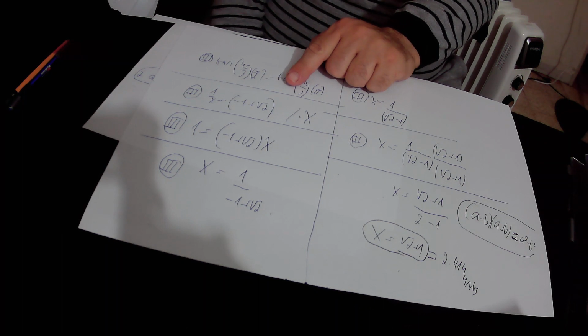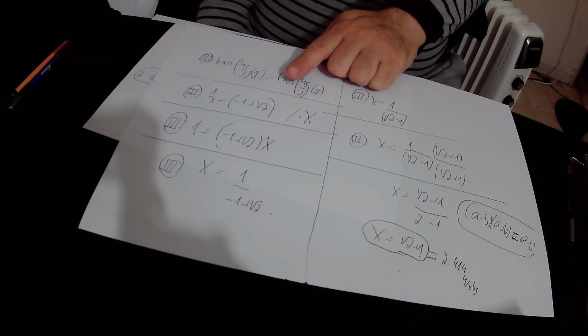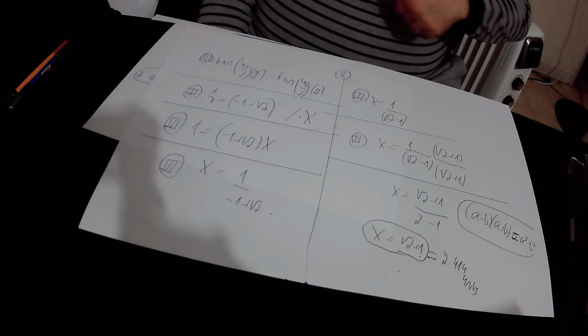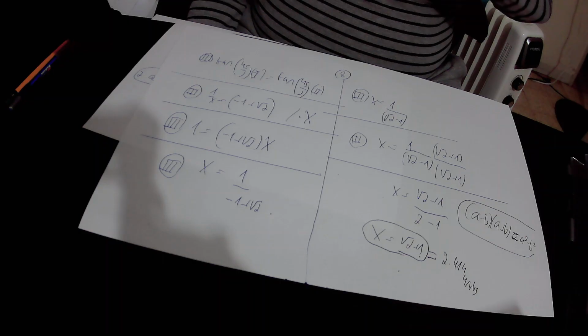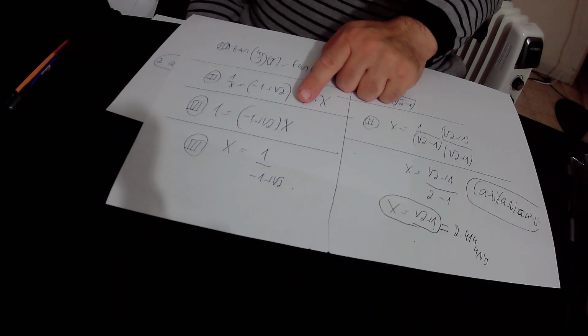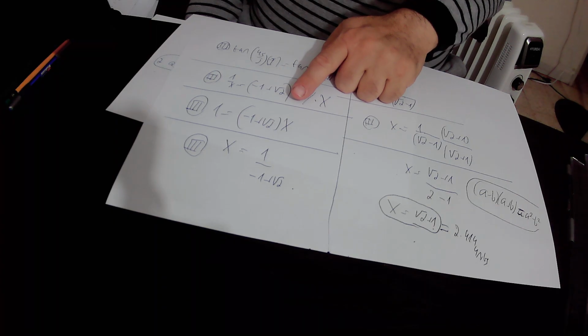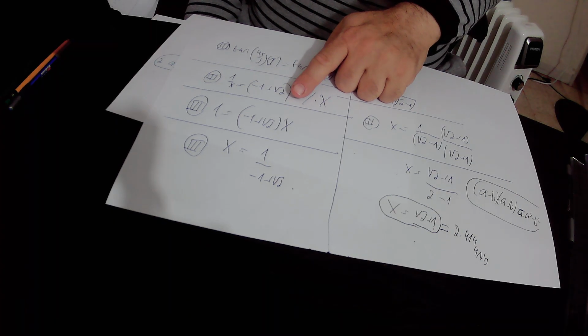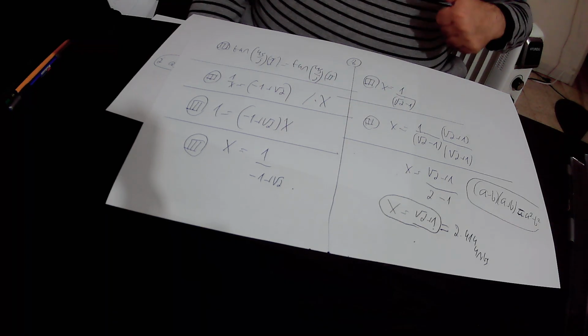Here we multiply equation number 3 by x, and found out that 1 equals minus 1 plus root of 2 times x. Here we divided equation number 3 by minus 1 plus root of 2, and finally found out that x equals 1 over minus 1 plus root of 2.